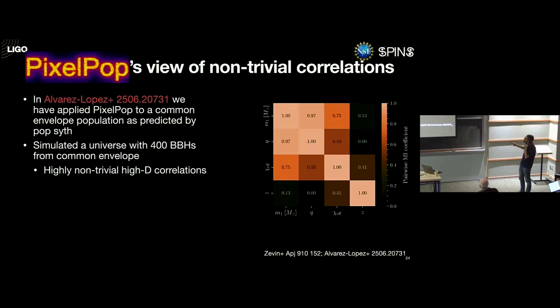It's scaled from 0 to 1. 0 means they're not correlated. 1 means they're maximally correlated. And so, for example, this tells you that M1 and q are very correlated, then M1 and chi, q and chi, and chi and z, pretty much everything. Okay, so again, this would be a very hard problem to address with traditional population analysis.